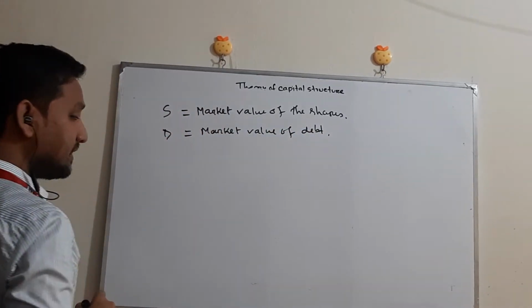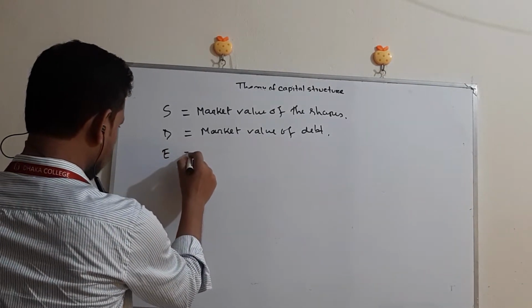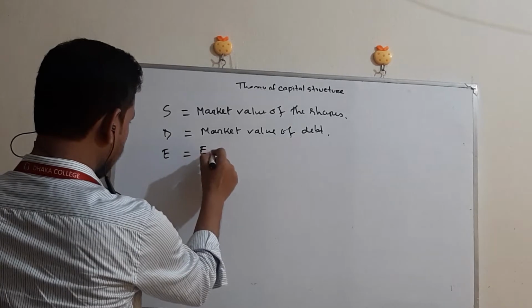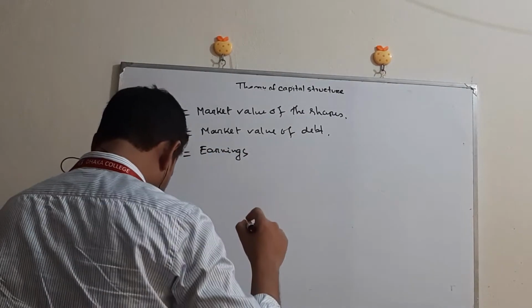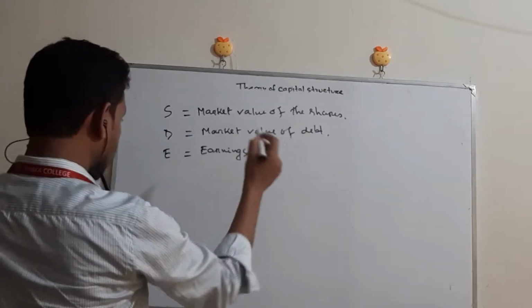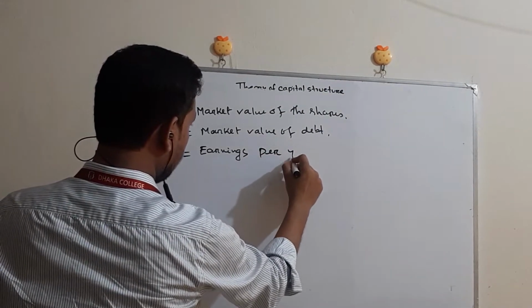Okay, S, D, E: E equals earnings per year.